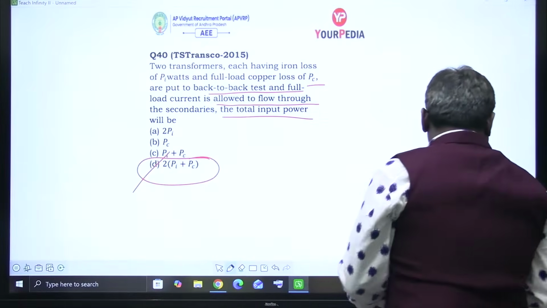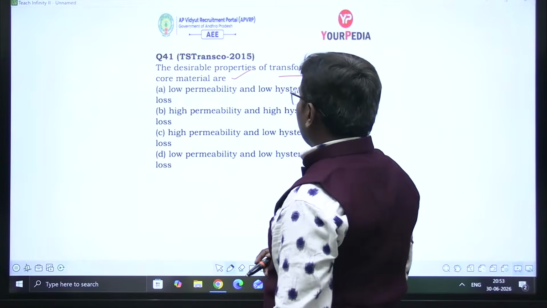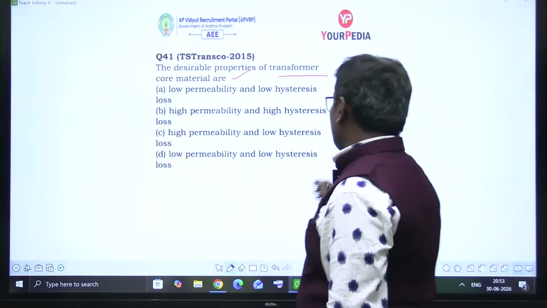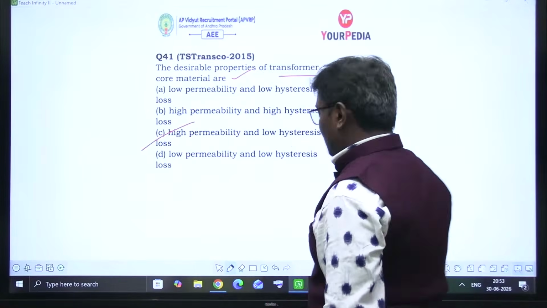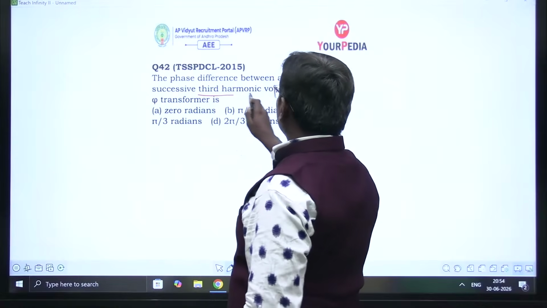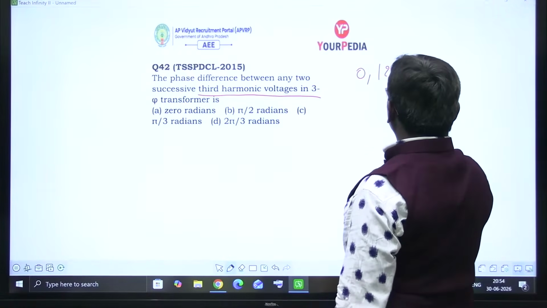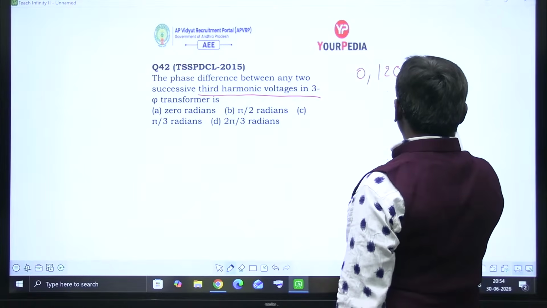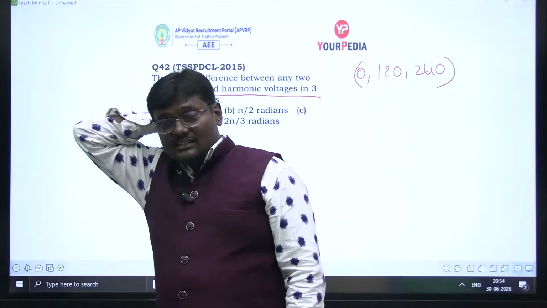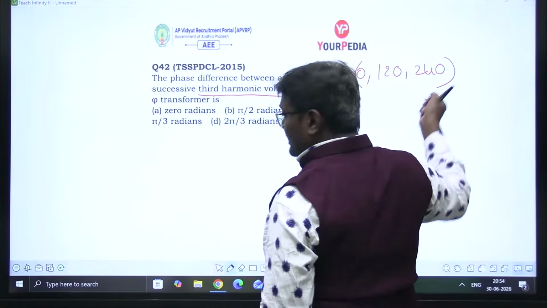Okay. So next one is the desirable properties of core material. As I told, high permeability and low hysteresis loss. And the phase difference between any two successive third harmonics. See, generally the fundamental three phase currents are displaced by 0 degrees, 120 and 240.